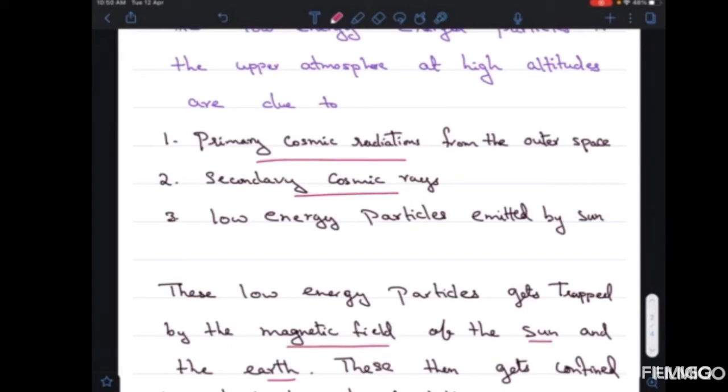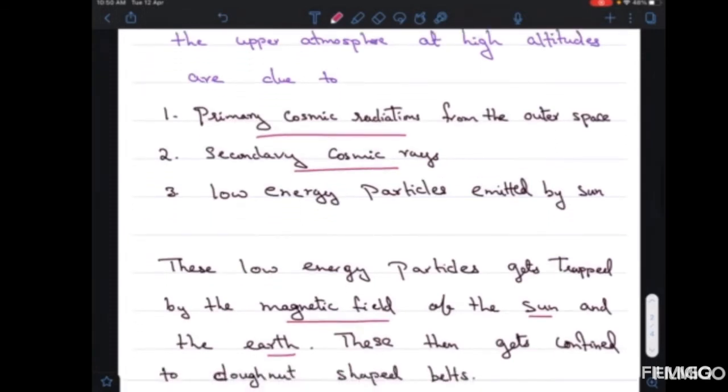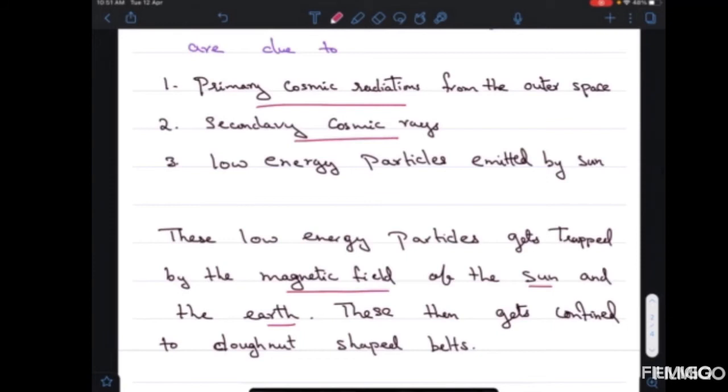It is that shape. The donut and the udinu vada are more or less of the same shape, so they get confined into donut shaped belts. It comprises the inner Van Allen belt and also the outer Van Allen belt. It is named after a scientist named Van Allen.